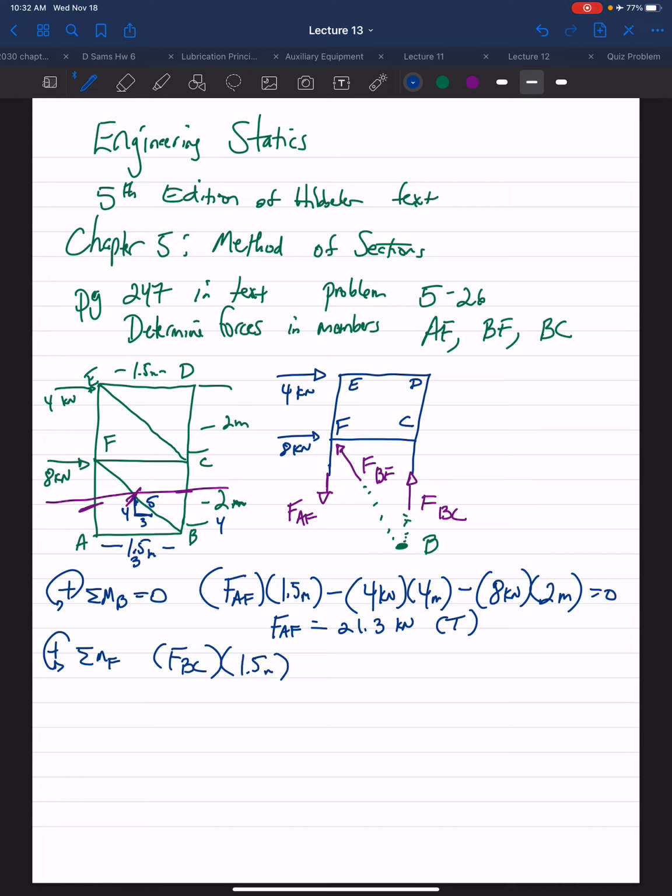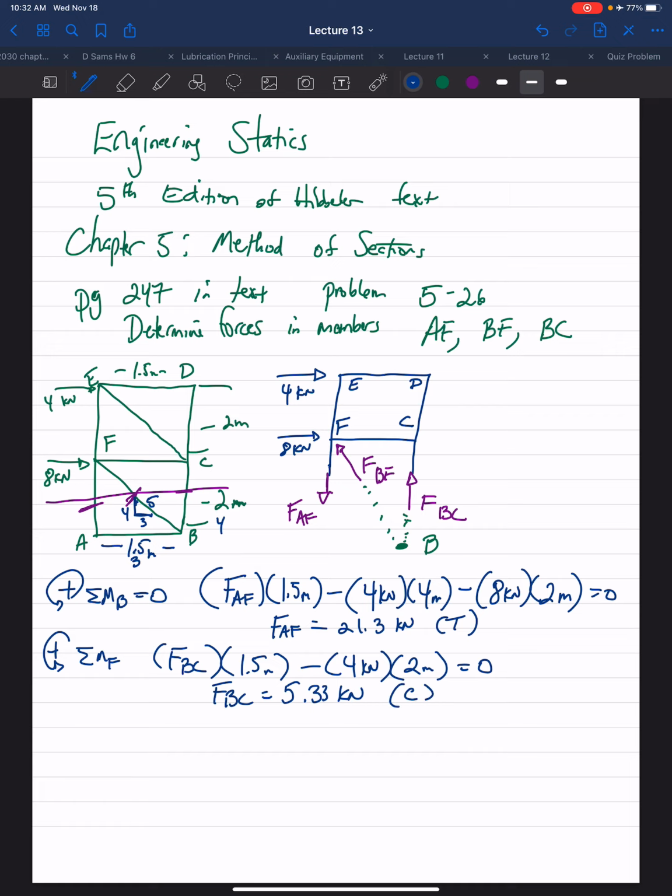We can neglect the 8 kilonewton force because it acts at point F. So we take into consideration the 4 kilonewton force, which causes clockwise, so negative. Perpendicular distance to point F is 2 meters. FBC is 5.3 kilonewtons, and it's compressing at joint C, so it's in compression.